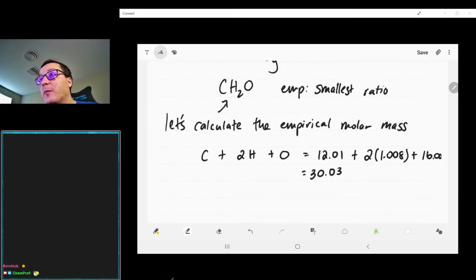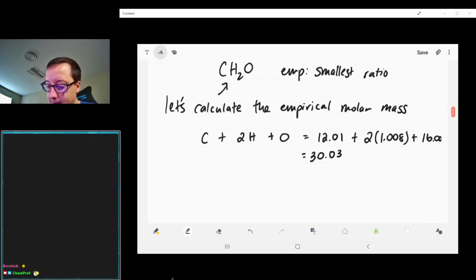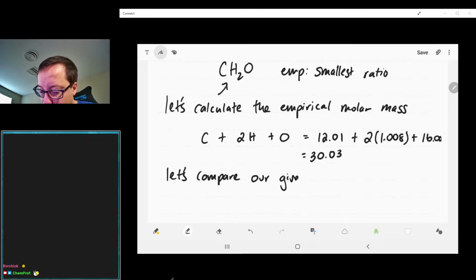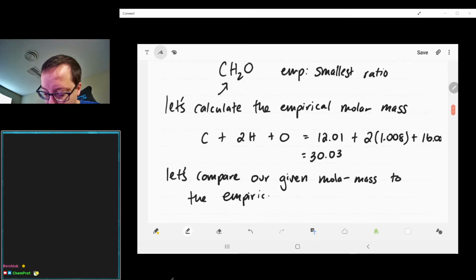What we can do here is compare our given molar mass to the empirical molar mass.